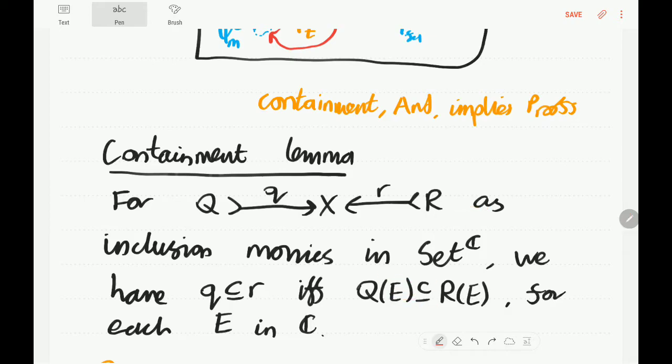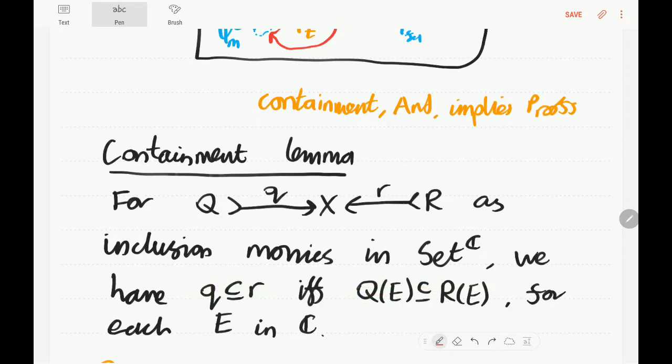So when little q and little r are inclusion monics in set to the power of C, we actually have q is contained in r if and only if capital Q of E is contained in capital R of E for every E in C. So here, of course, these are just sets, and we're just saying that every E-type element of capital Q is going to be contained in capital R, and that's equivalent to saying that little q is contained in little r.